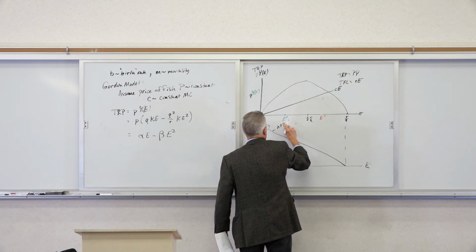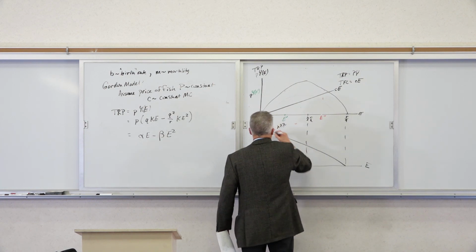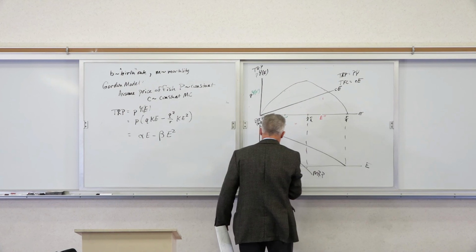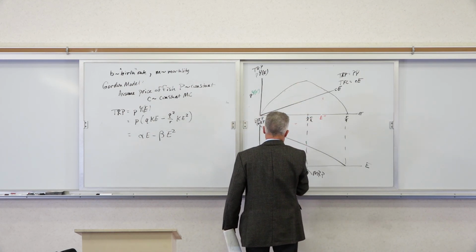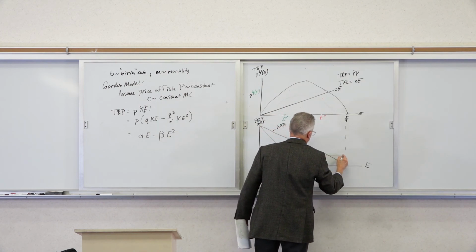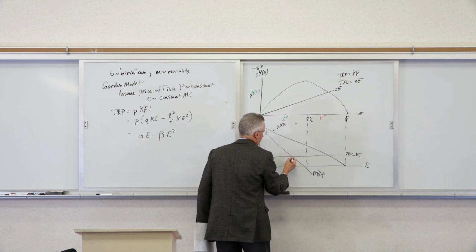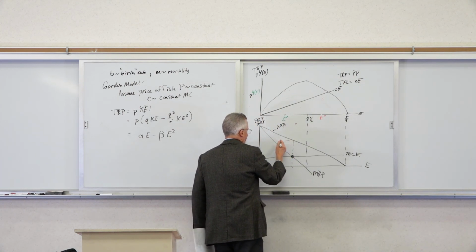Average revenue product. Marginal revenue product. Where is that? Right out there. Marginal cost of effort. Private fishery.